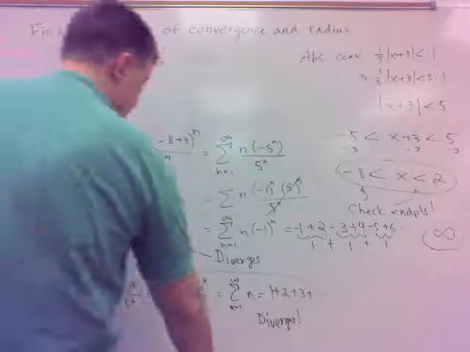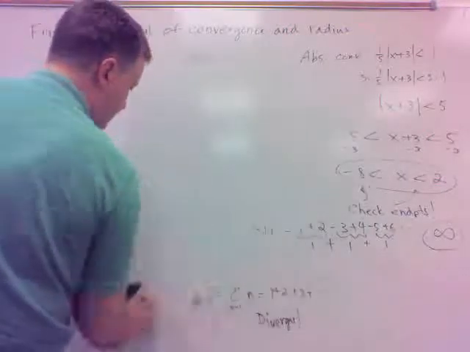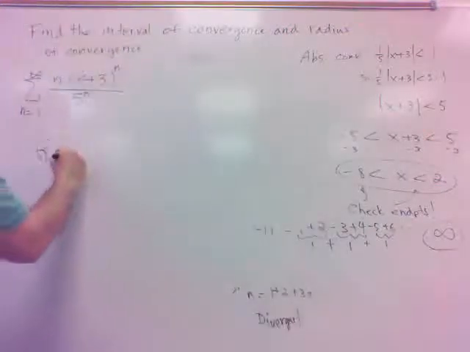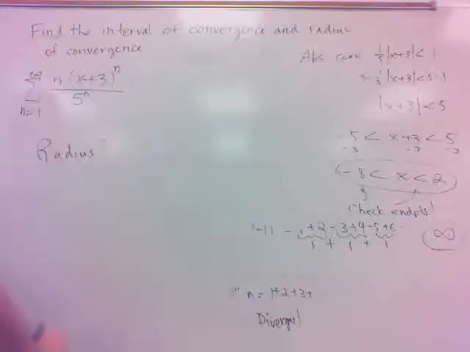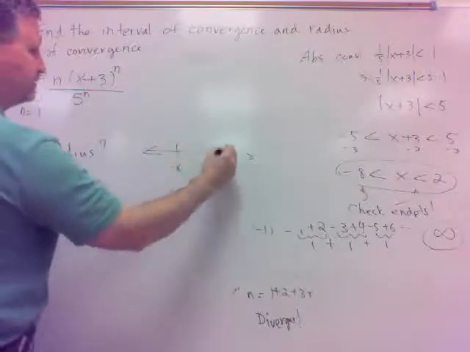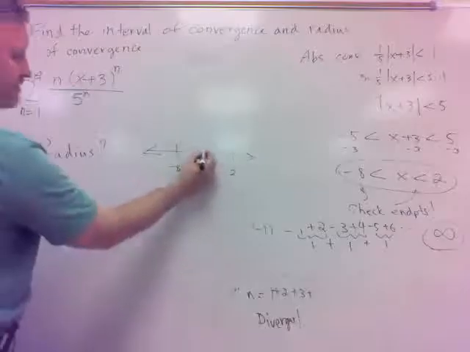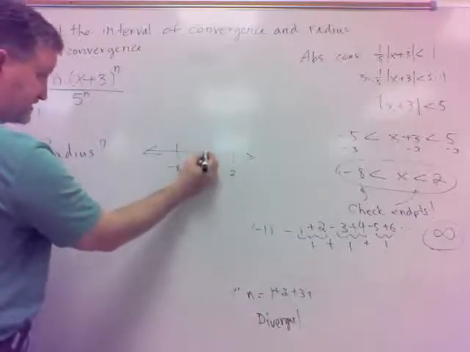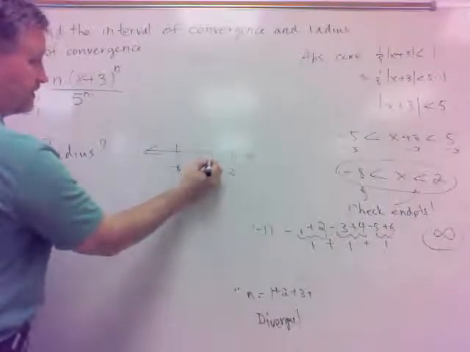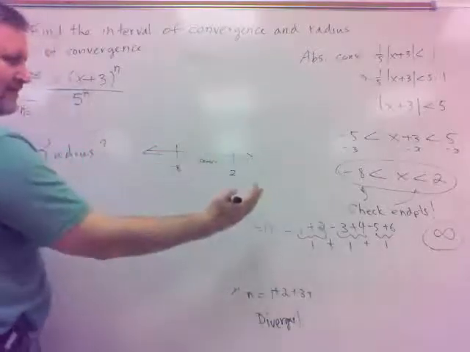Now, radius of convergence. Talked about this a little bit. The radius of convergence, again, if you think of it as a number line here, you got negative 8 to positive 2. And so the radius, that's just talking about how far from a center point do I go. Well, in this case, it's 10 units long there.